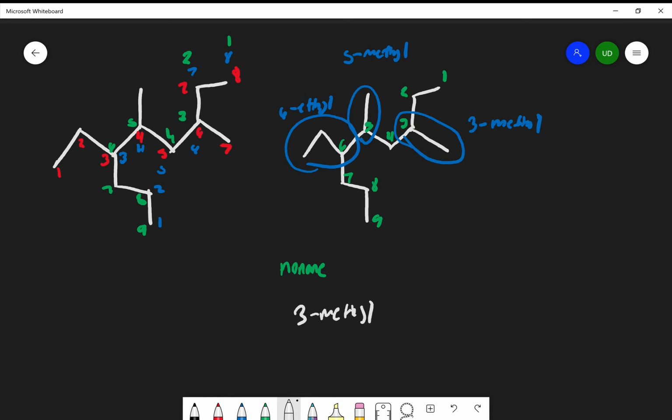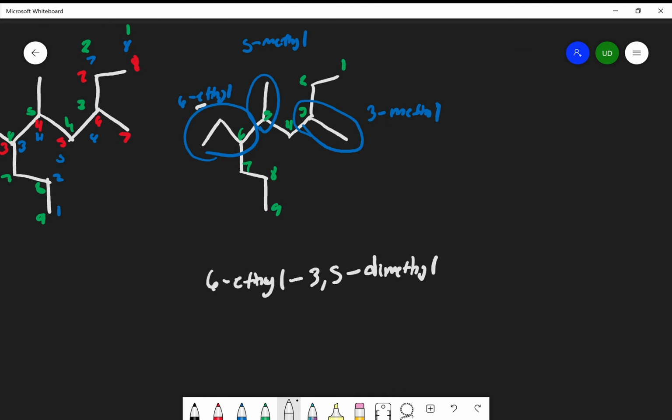Got to order them by the alphabet, and E comes before M. And so you would have 6-ethyl first. 6-ethyl-3,5-dimethyl, because there's 2 methyls present on carbon 3 and carbon 5. And then don't forget to add the parent group, which would be nonane. So this is the correct way of writing this carbon chain.